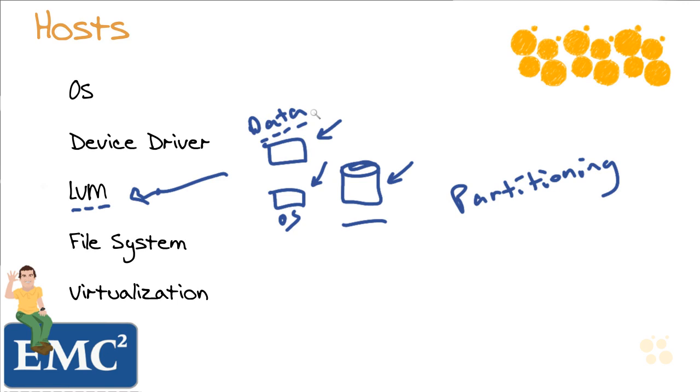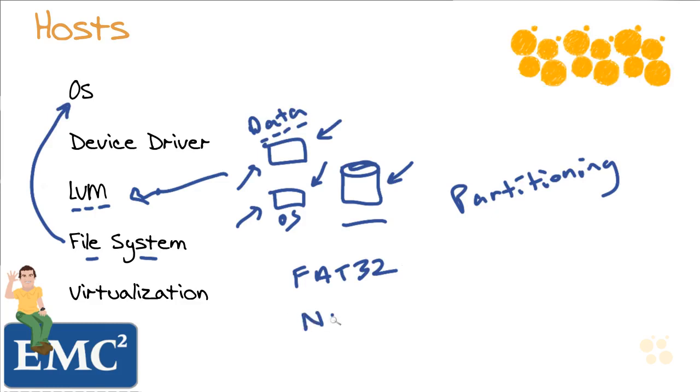Now, when you partition your logical volumes, you need to put a file system in place that the operating system will recognize. Common examples, of course, are things like FAT32 in a Microsoft Windows environment, or NTFS, an improved file system that Microsoft Windows offers.